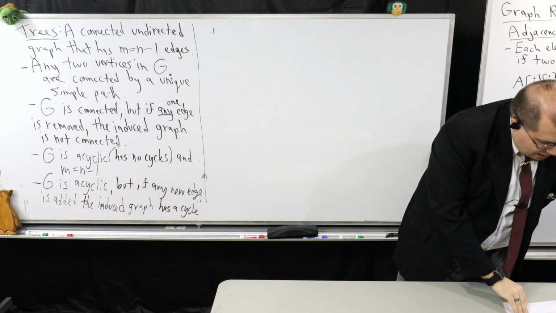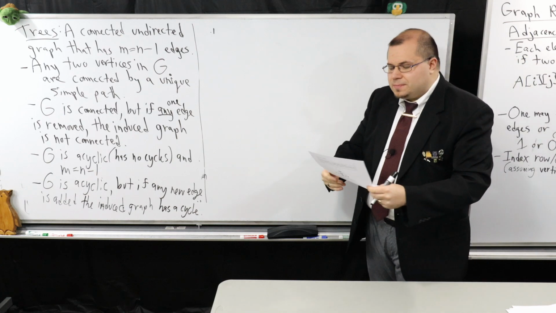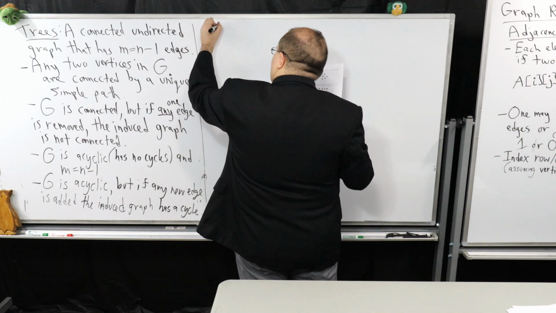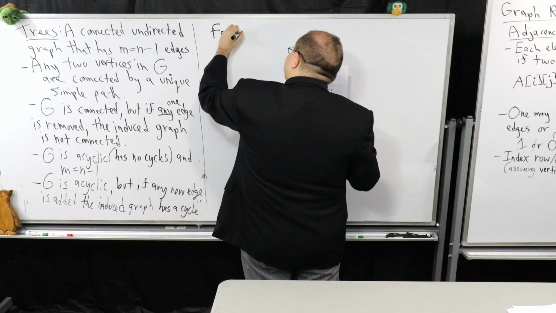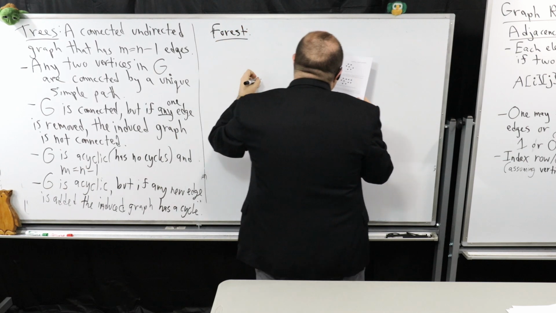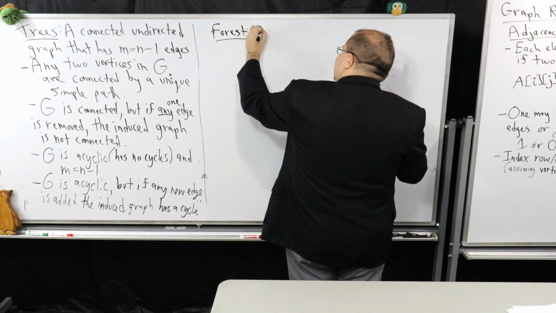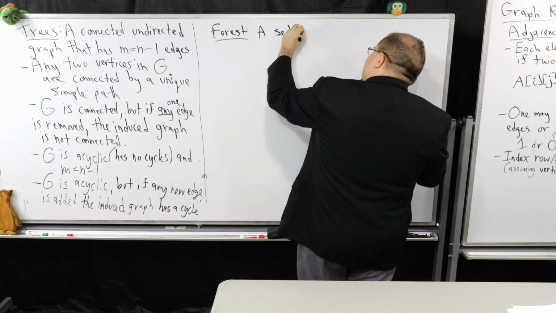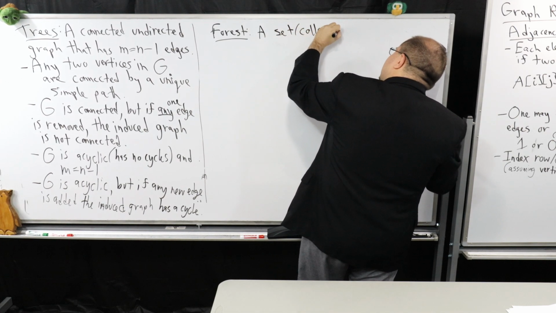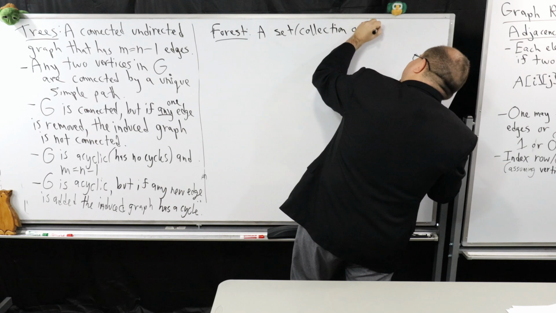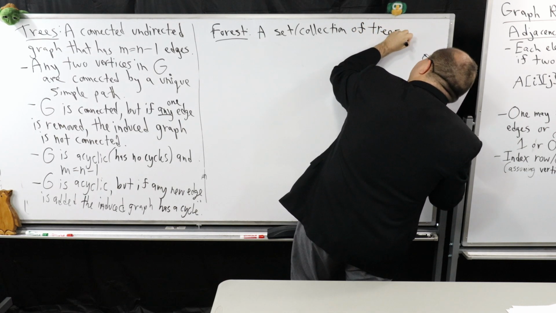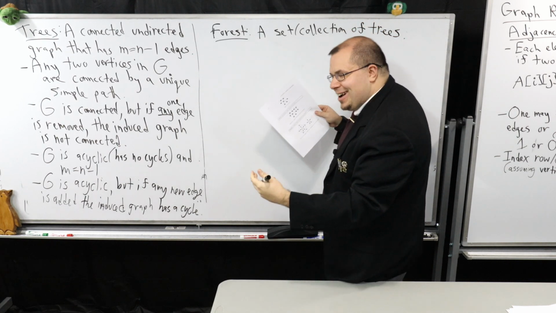So another thing I need to define for you is a forest. And it's a really simple definition. It is a set or collection of trees. The name sounds rather straightforward, right?